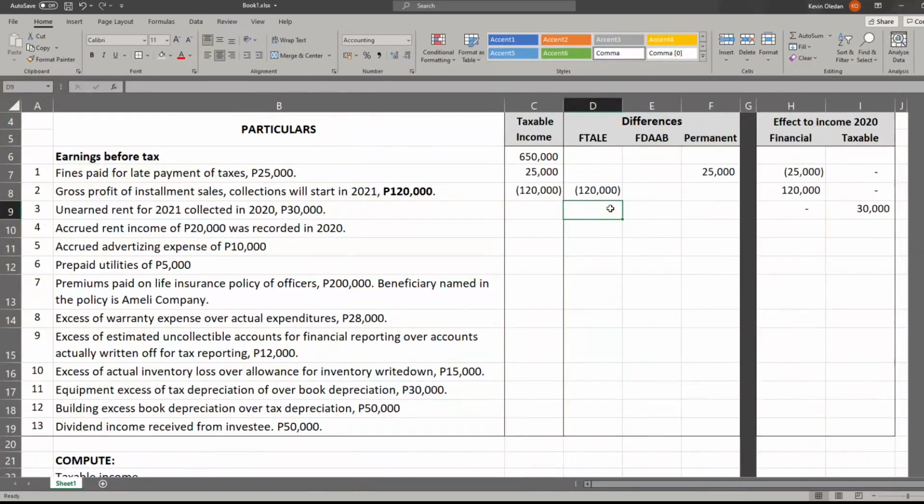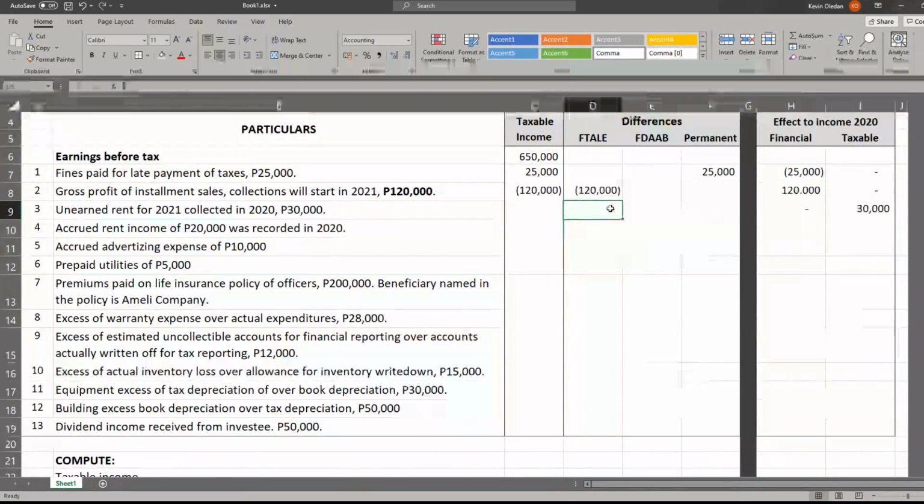There is the balance sheet approach and there is the income statement approach. To which, for starters or for beginners in studying this, I would suggest i-follow mo muna yung income statement approach. And that is, i-compare mo ngayon ang item na to. Ano ba ang effect niya sa financial and taxable income?